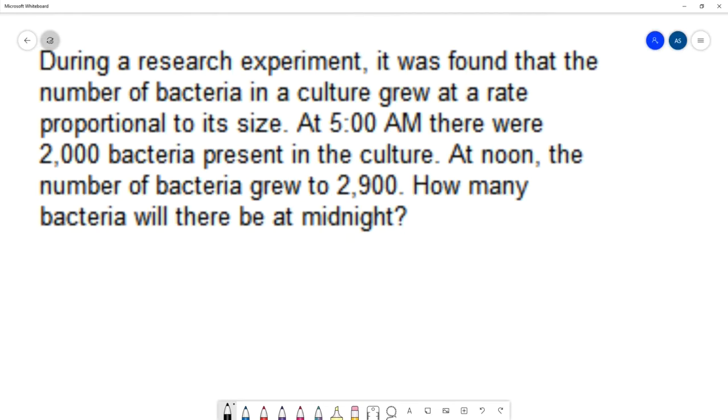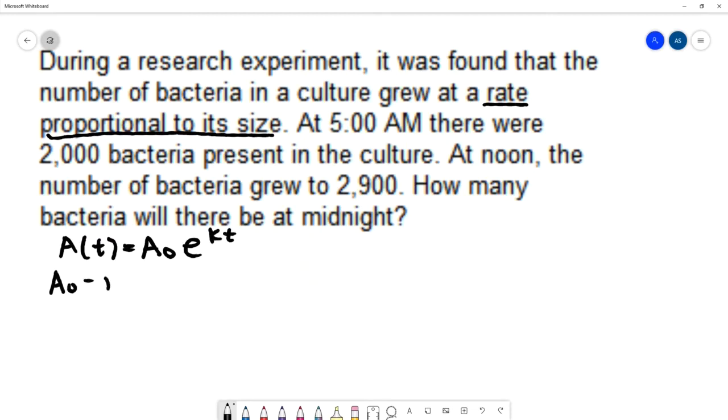So in this example, it tells us that the rate grows proportional to its size. And that means that we're going to use our exponential growth and decay model, which is A of t equals A naught e to the kt. A naught is our initial amount.